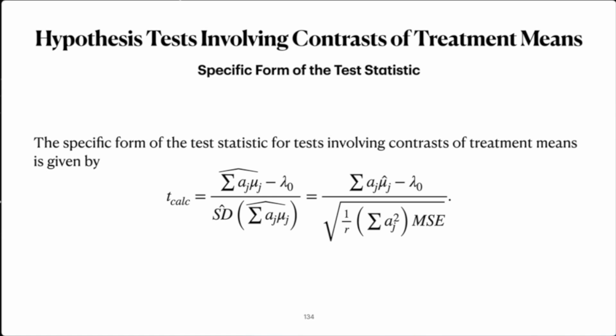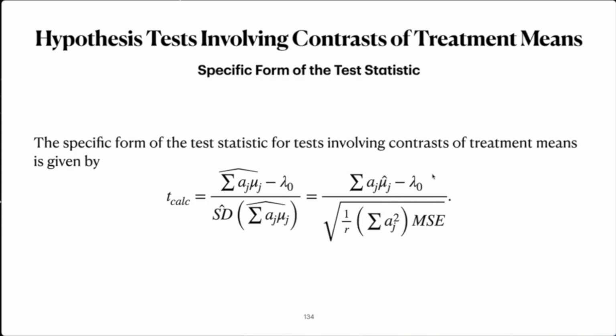Now, the specific form of the test statistic in this case has this form. So again, it's a t-statistic. The numerator of that t-statistic is the point estimator for the linear combination, so the sum of a sub j times mu hat sub j.